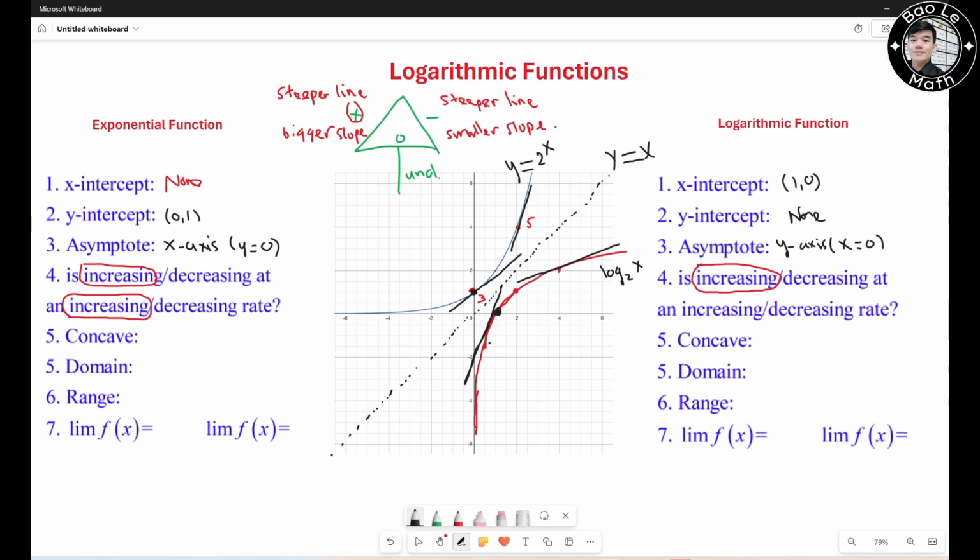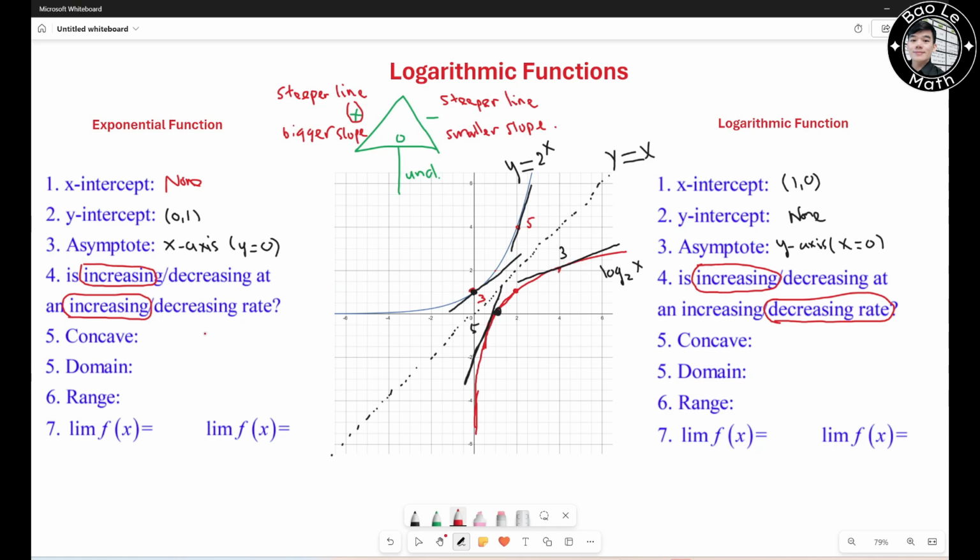The slope of this line is bigger than the slope of this one. So for example, this is 5 and this is 3. To get 3 from 5, that means this could be decreasing, right? So the function is increasing at a decreasing rate, because the slope of the tangent line is getting smaller and smaller.